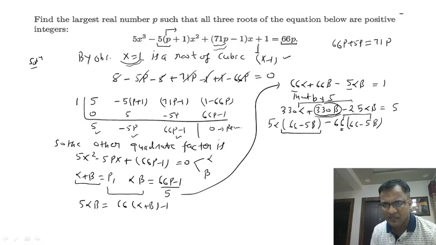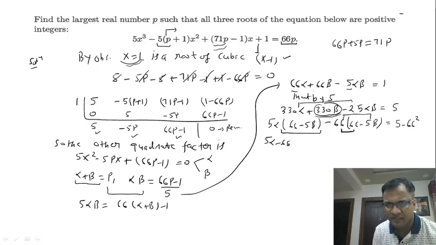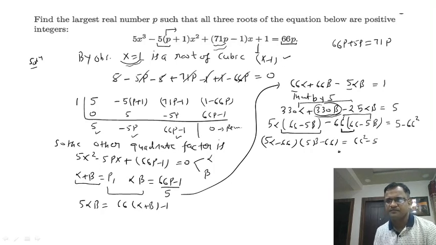But here I wrote one extra term, minus 66 squared. So in order to balance this equation, I change the right hand side like this, 5 minus 66 squared. So the factors are clearly 5 alpha minus 66 and 5 beta minus 66, and that comes out to be 66 squared minus 5.